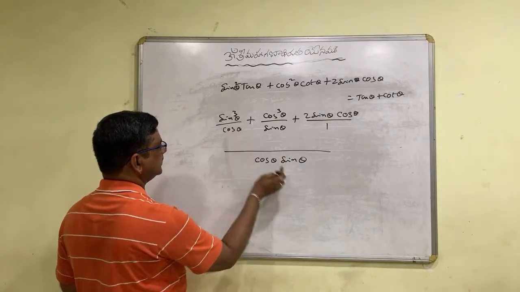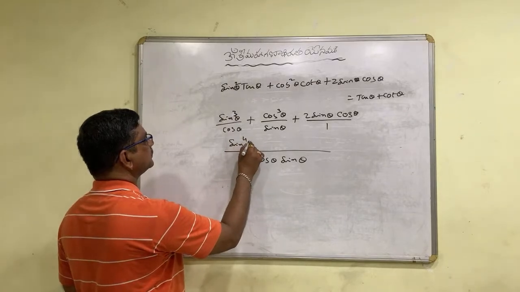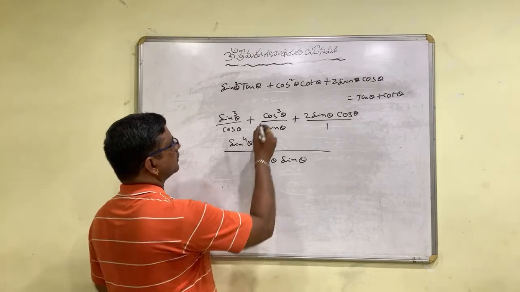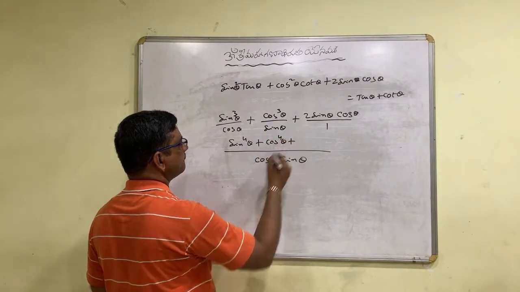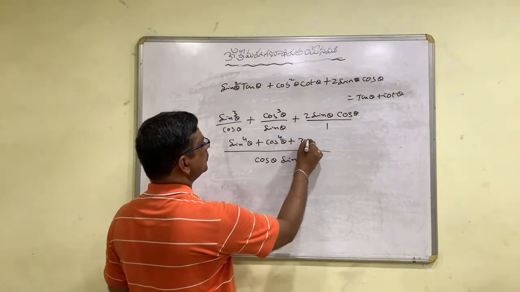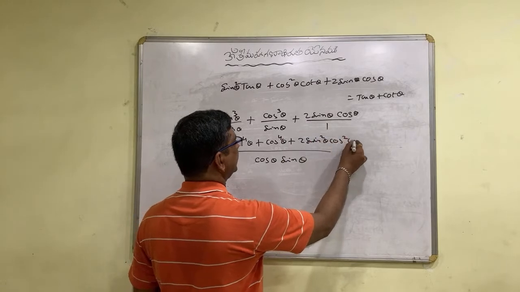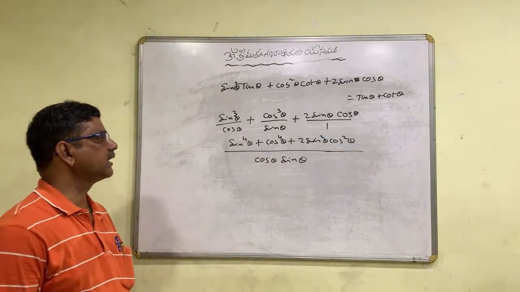So sin theta into sin cube theta gives sin power 4 theta. Next, cos cube theta times cos theta gives cos power 4 theta, and here I will get 2 sin square theta cos square theta.